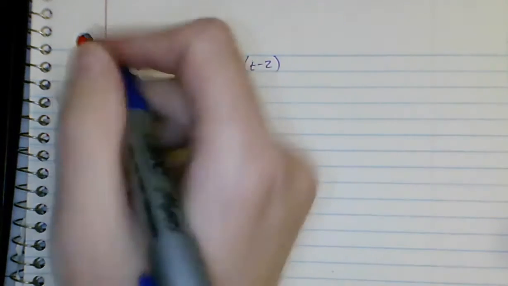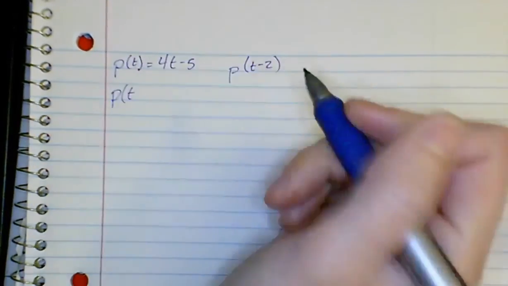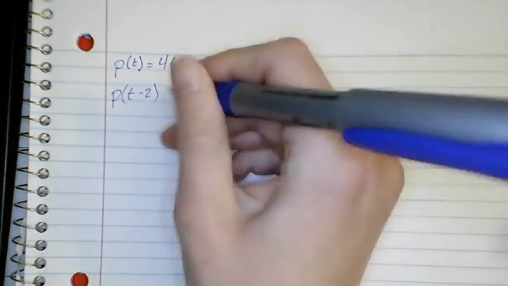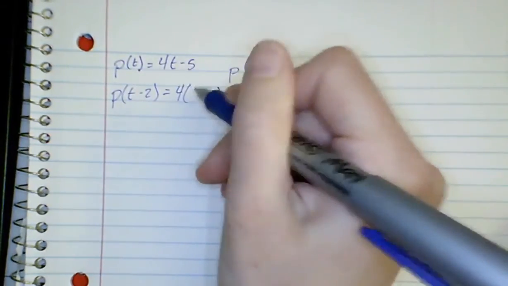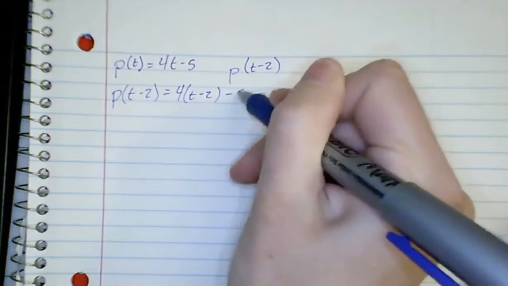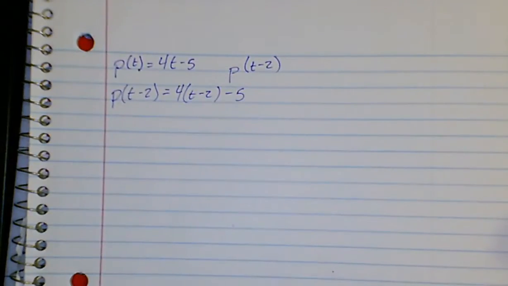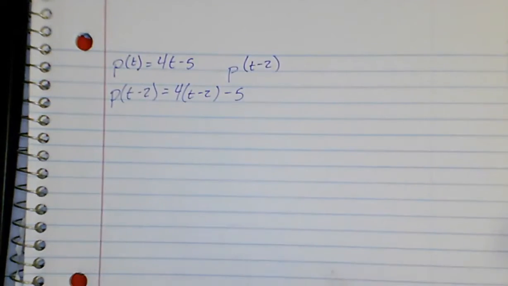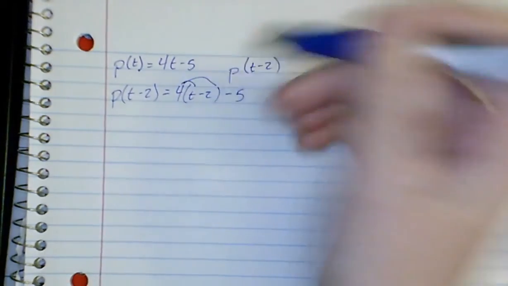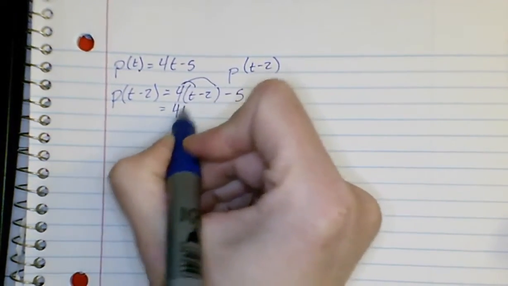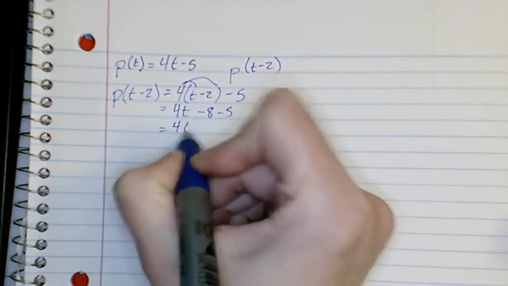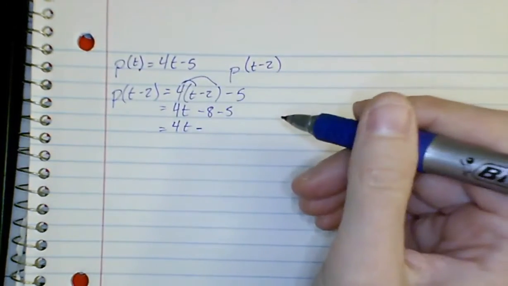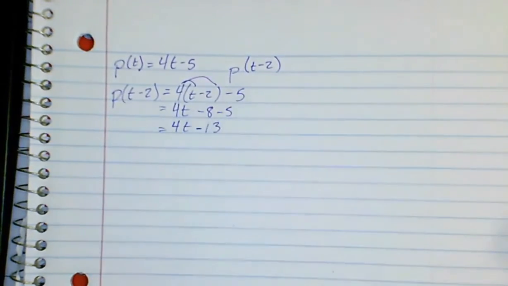So we will have p of t minus 2, so 4 times, instead of t, we're going to write t minus 2, and we're going to subtract 5. Then we simplify, because we don't have a direct value for t. So we have 4t minus 13.